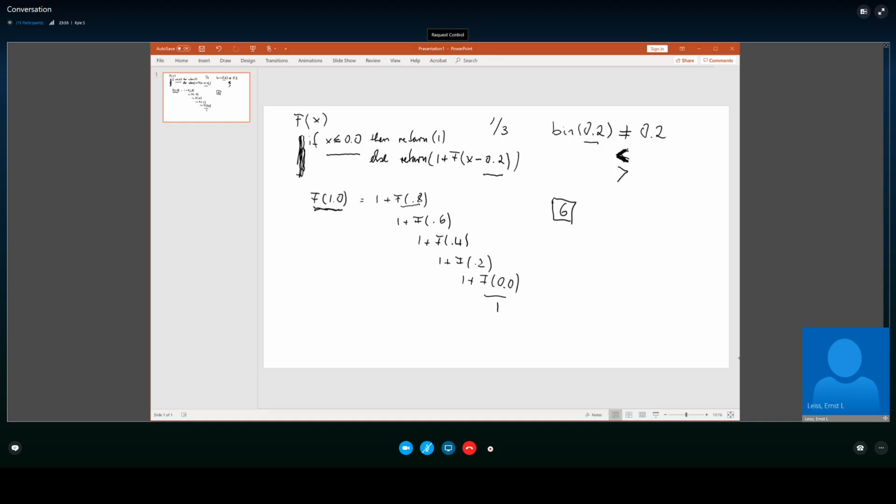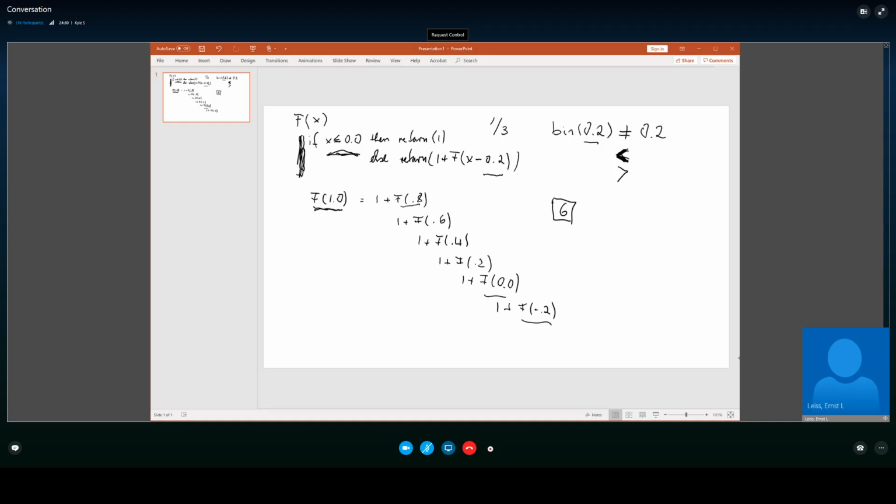And then continuing, starting from something a little bigger than 0.8, we're now going to get something that is a little bigger than 0.6, and then a little bigger than 0.4, and then a little bigger than 0.2, and then a little bigger than 0.0, which means it doesn't meet this requirement yet, so we're going to have another call.